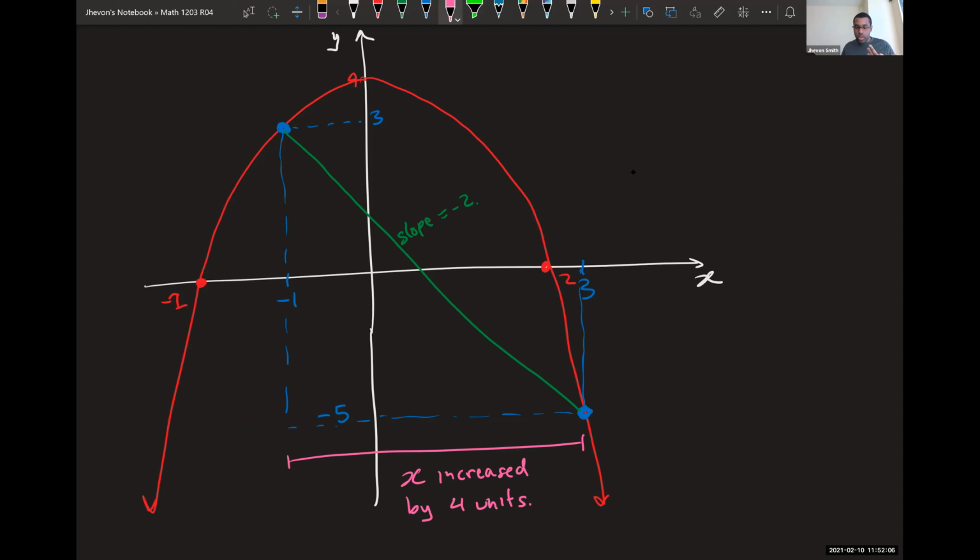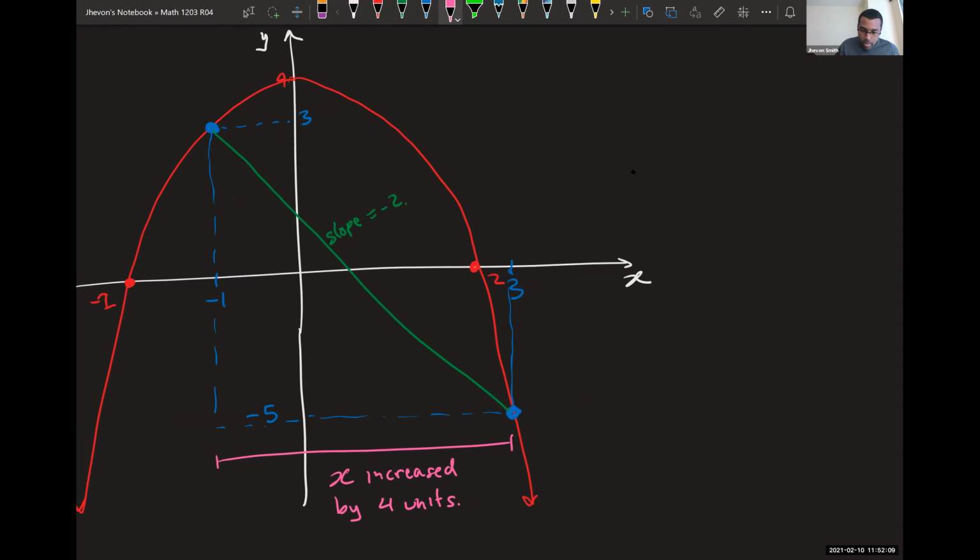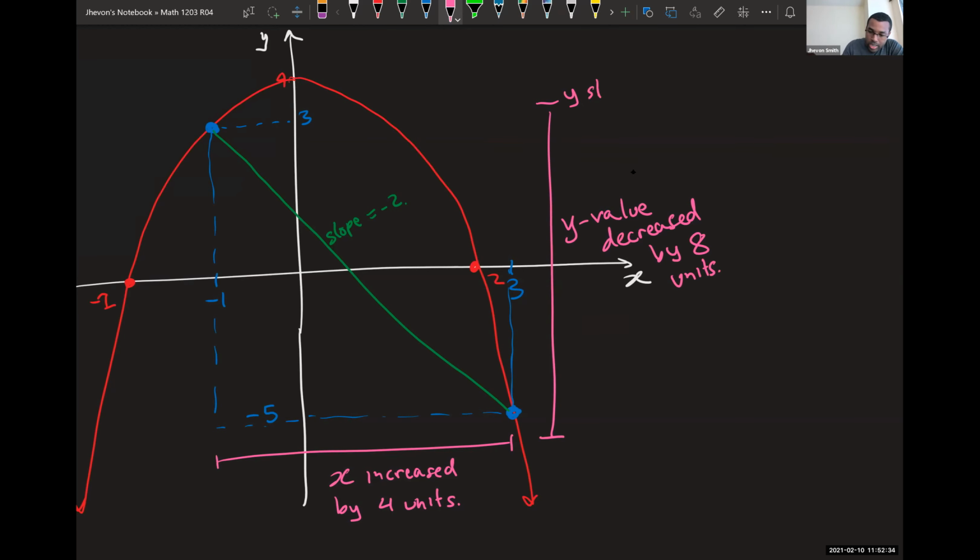So my x increased by 4 units. In that same span of time, if I were to look at what happened with the y value, it decreased by how many units? Well, the y value was 3 and now it's at minus 5. It decreased by 8 units, right? So y started at 3 and y ended at minus 5.